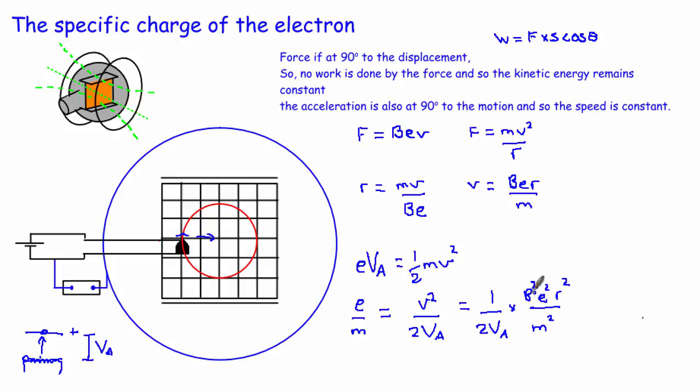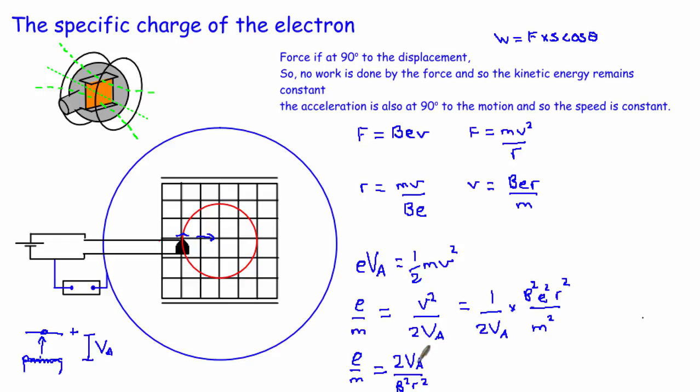So we've got another e and an m over here, apart from these ones are squared. If we collect all of these terms together, and make e over m the subject, in the end what we end up with is e over m is equal to twice the anode potential difference divided by B squared R squared, like that.